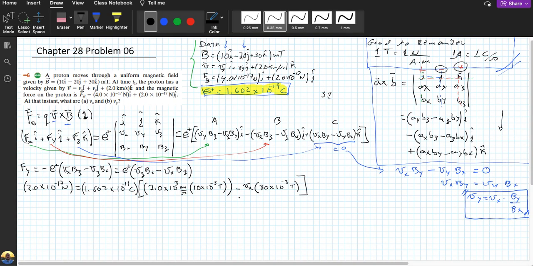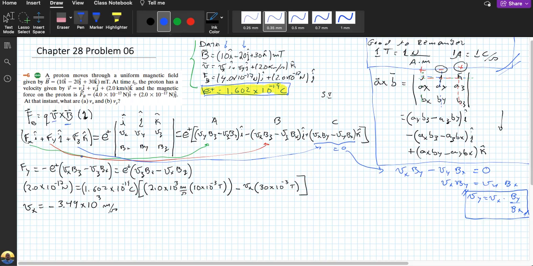So this thing here ends up as Vx. Please try to do that. Try to plug in the numbers and calculate and use your algebra skills, because Vx will be equal to minus 3.49 times 10^3 meters per second. Okay, and it is negative.